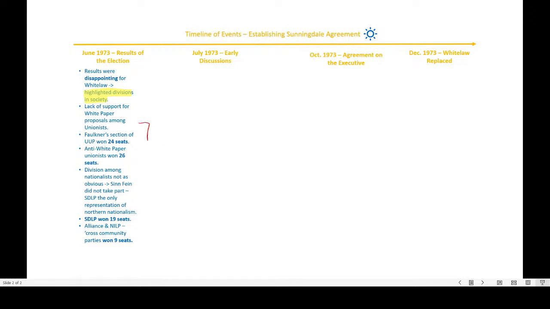Faulkner's section of the Unionists, or the Ulster Unionist Party, won 24 seats, while the anti-White Paper Unionists won 26 seats. A really clear divide amongst the Unionist Party, and it almost splits that party right down the middle.